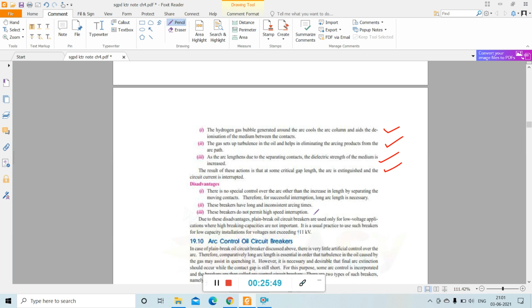So up to 11 kV low capacity installation, this type of breaker is used. Clear? In the next session we will discuss the arc control oil circuit breaker. Okay, thank you.